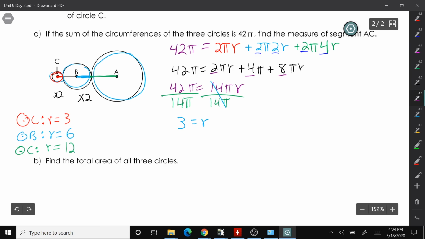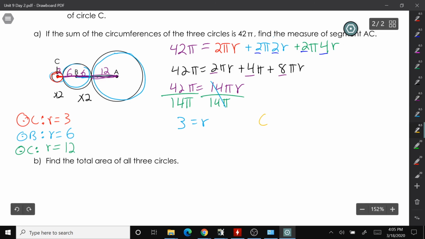So now the question is asking us, find the measure of AC. Well, AC has 1 radius of the large circle, so 12. It has 2 radii of the medium-sized circle, or circle B, and 1 radius of circle C, which is going to be 3.